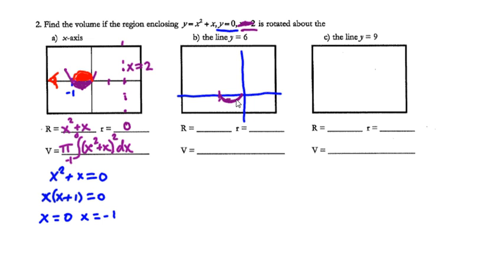And then what we're doing is rotating this about the line y equals 6. So here we have the line y equals 6, and this shape is being rotated around this line.